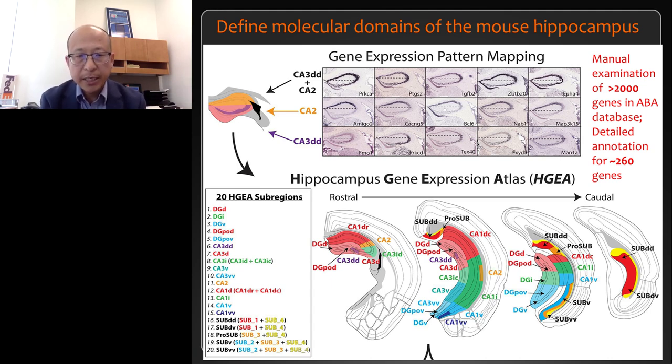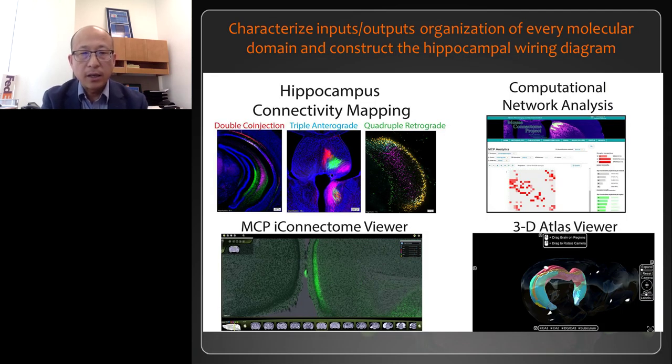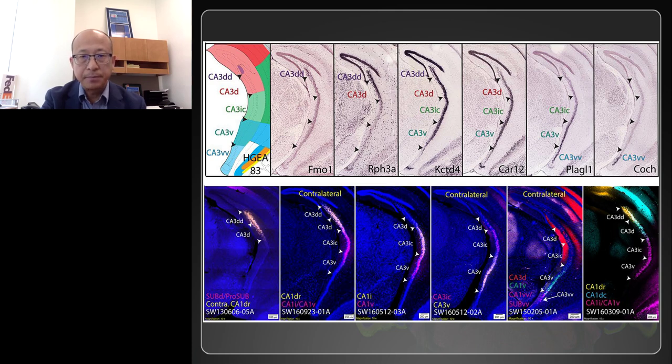Based on these gene expression patterns, we subdivided each individual hippocampal component into different molecular domains. After that, we examined each molecular domain's inputs and outputs and put together this 3D atlas of the hippocampus and also the hippocampal wiring diagram.